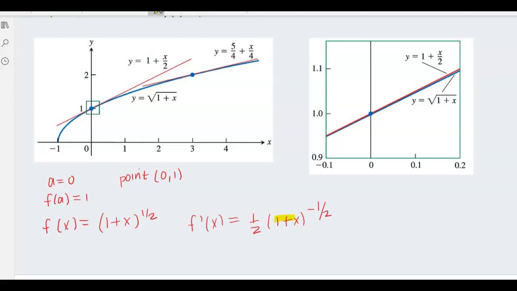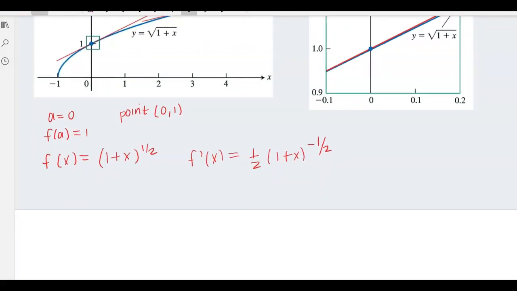Technically, I need to use the chain rule and multiply by the derivative of the inside here, but that's just going to be a 1, so I don't need to worry about that. So our slope here, f prime at the point a, let me write this more succinctly first, will be 1 over 2 times the square root of 1 plus x in the denominator there.